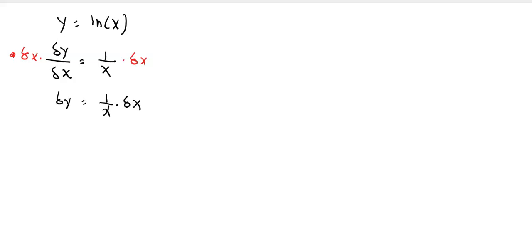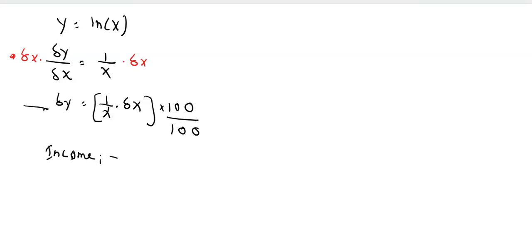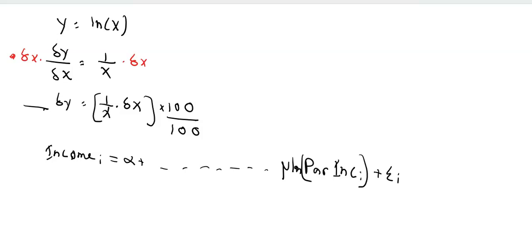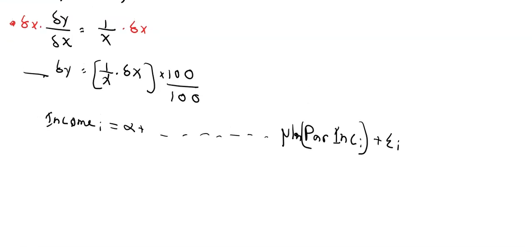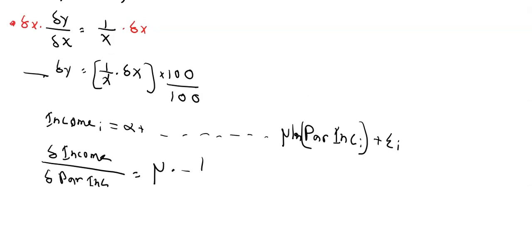Now I need to convert this to percent, so I need to multiply it by 100. To keep it simple, I can either multiply the left-hand side by 100, or I can just divide by 100. So in this case, if I have income I equals alpha plus all the other variables, and finally mu times parent income in ln, then if I take the derivative, delta income over delta parent income is going to equal mu times 1 over the parent income. We can multiply both sides by delta parent income, and the left-hand side gets canceled out.